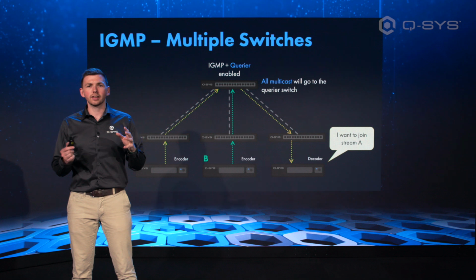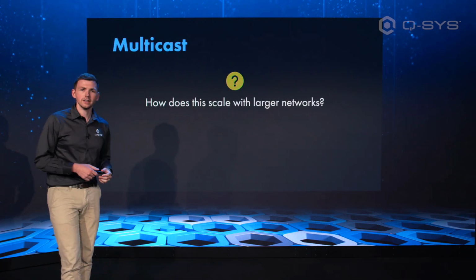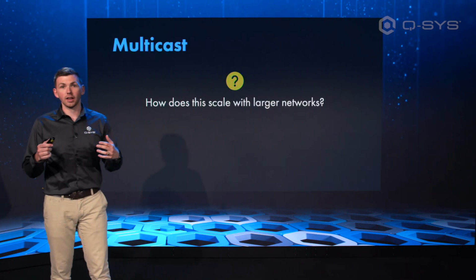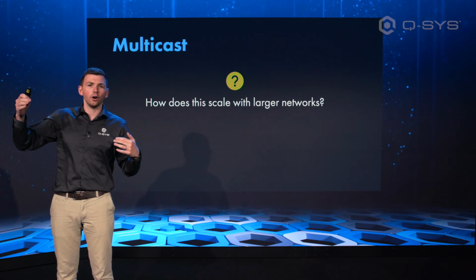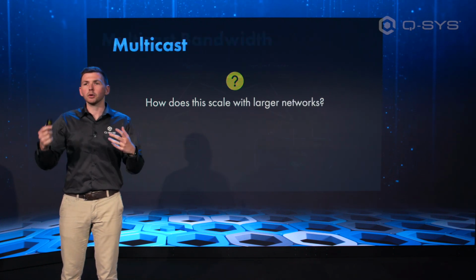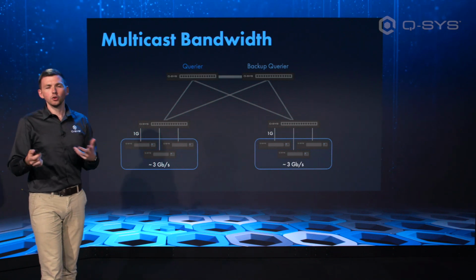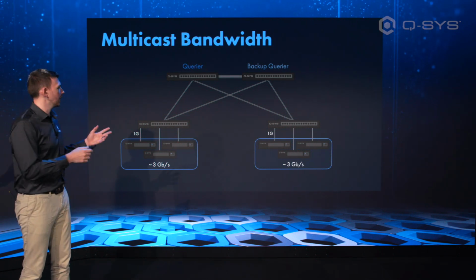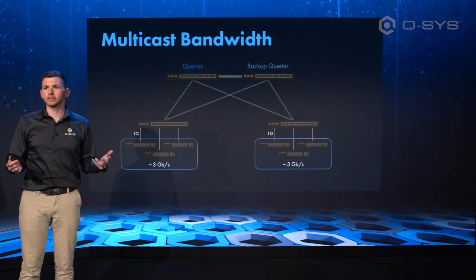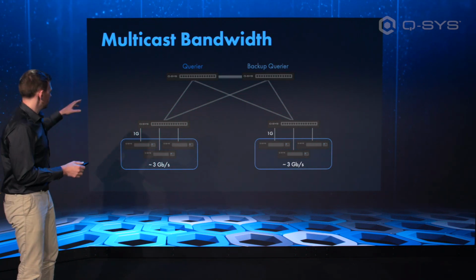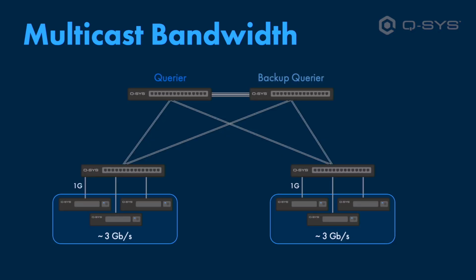Now, how does this scale up with larger networks? Well, it's kind of the same concept, but we're going to have multiple layers of switches. All right? And we want to make sure we design this so we don't have too many switch hops, but a pretty standard network design would already account for this. Okay? But here we've got, let's say, 3 NV devices, 3 video devices, maybe there's 3 more, a bunch over there as well. Now we definitely need to start thinking about our uplink bandwidth.